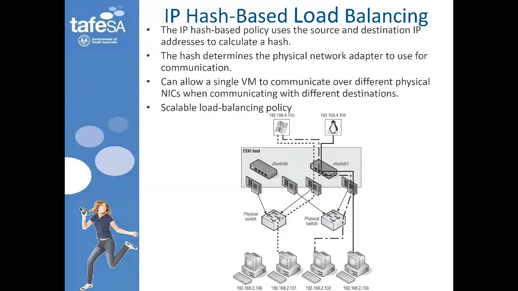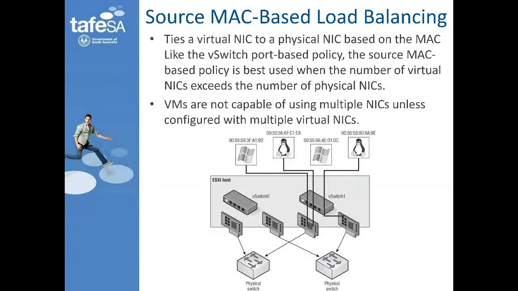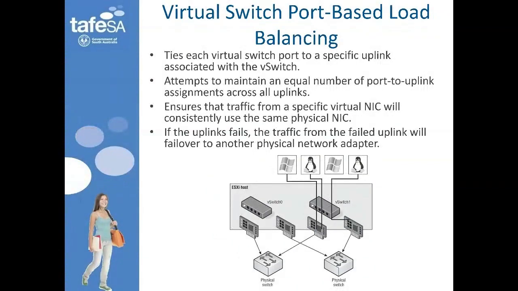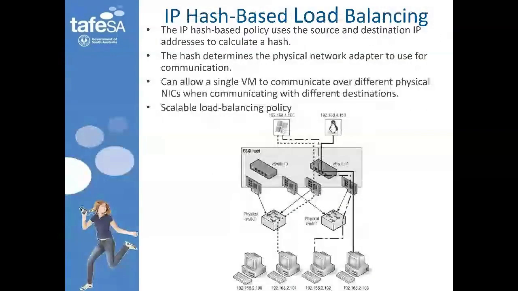If this one server is talking to lots of physical machines, it can use multiple physical network cards for the different connections. Whereas when we're talking about this MAC address and this other one, they're all sort of tied to a single NIC at any one time. And once they're tied to that NIC, they're sort of stuck on that NIC.